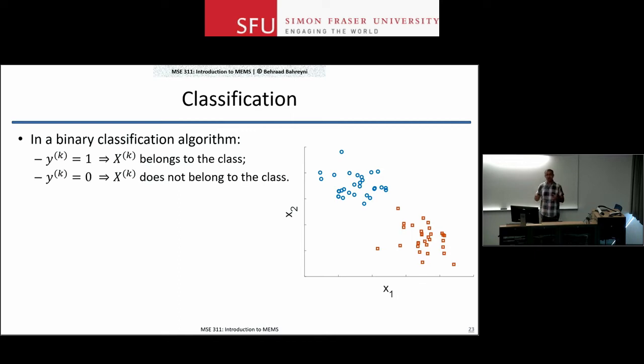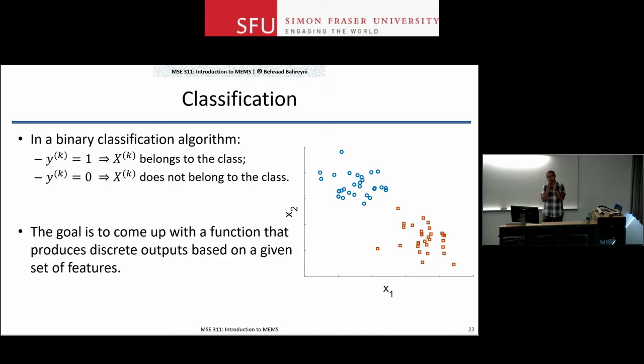And if it is 0, it means it doesn't. It's a 0-1 question, binary classification. And the goal is to come up with a function that once you give it that set of x values, the features, it can come up with a value for y. It can predict the class for you.